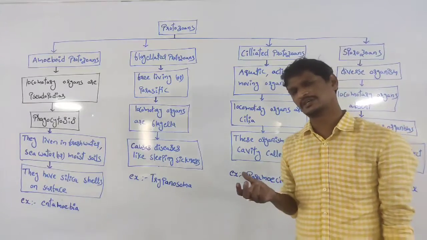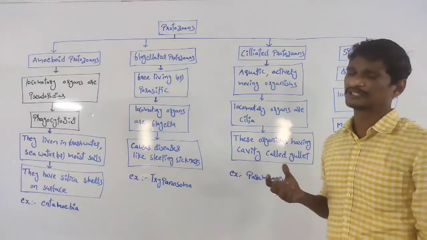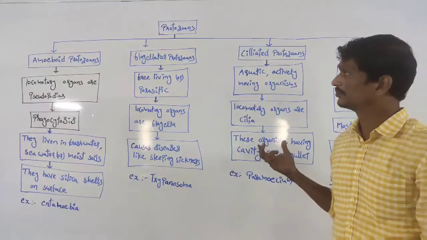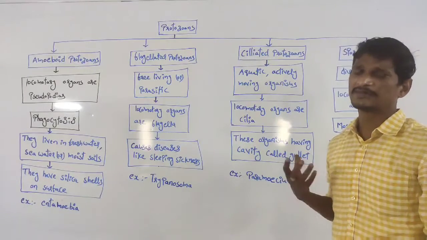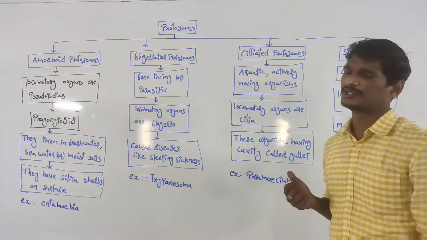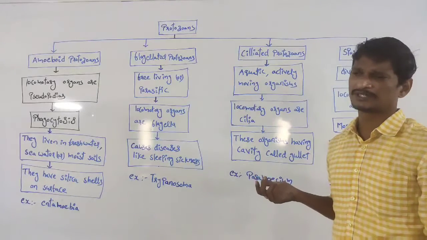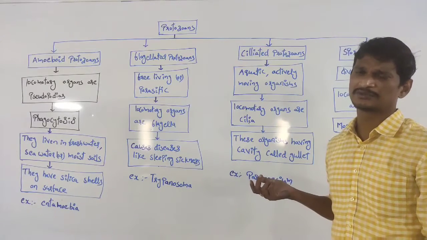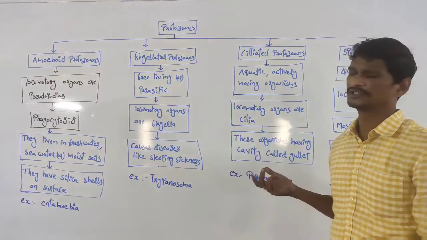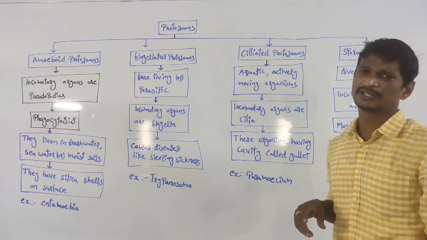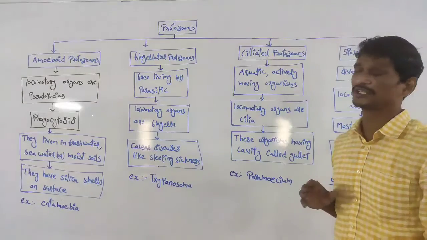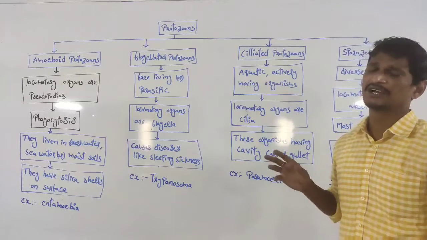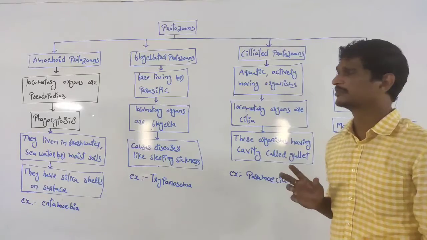Most of the scientists accept this concept. From these protozoans, all animals originated. Because here the cell walls are absent and these are heterotrophic organisms, right? And some characteristic features are closely related to animals. That's the reason why protozoans are considered the origin cells for animals, right?